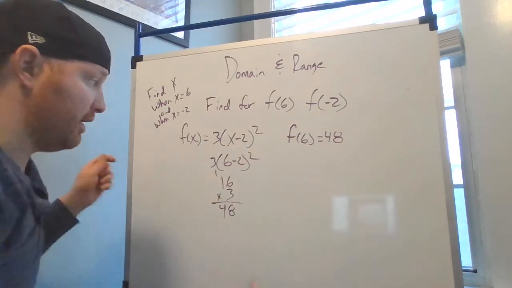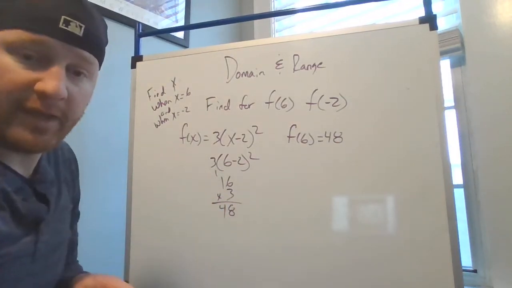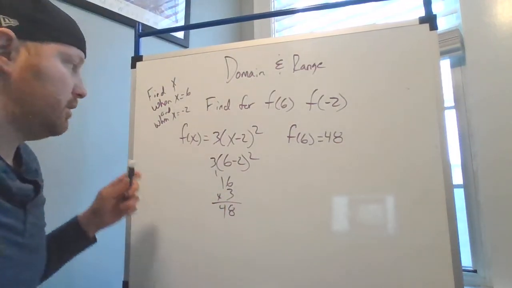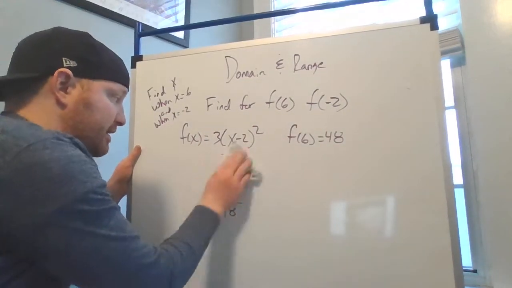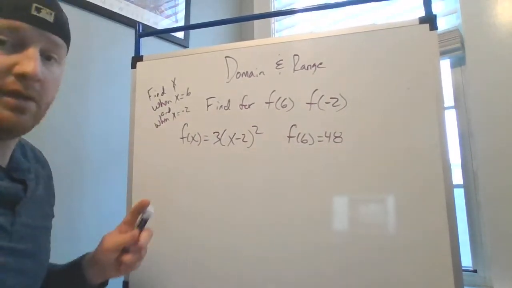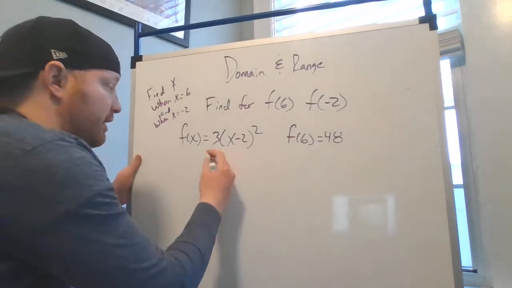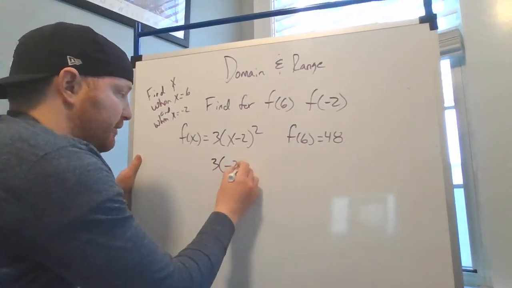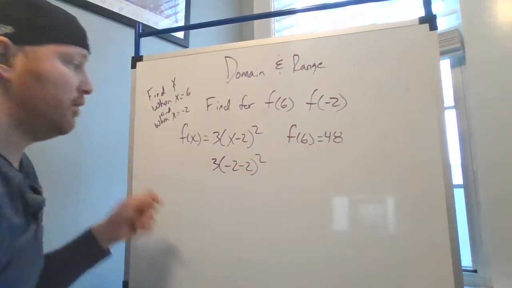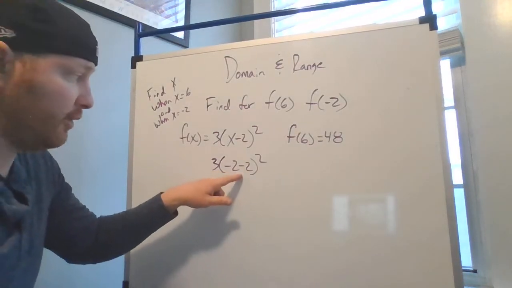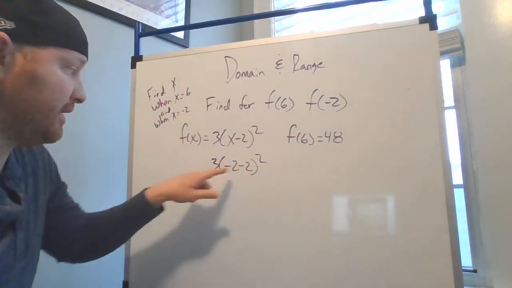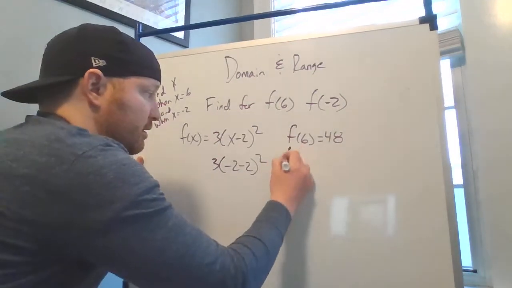And then if I want to know what it is when it's -2, again, I just go back to the exact same function, and I input -2 for x. So 3 times -2 minus 2 squared. Well, -2 minus 2 is -4. -4 squared is 16, and 16 times 3 is 48.